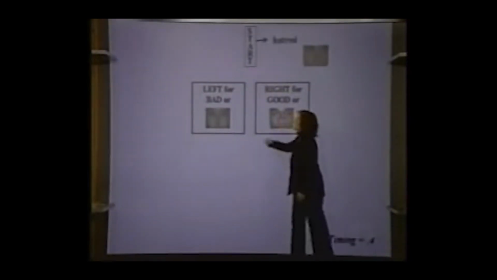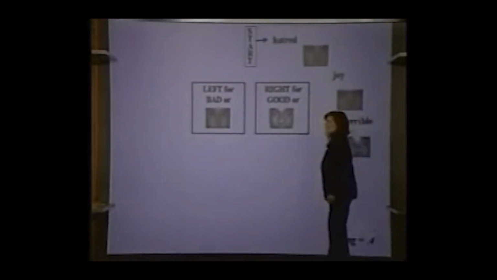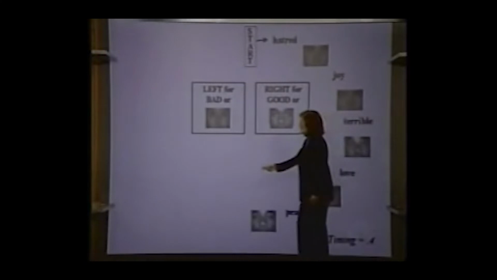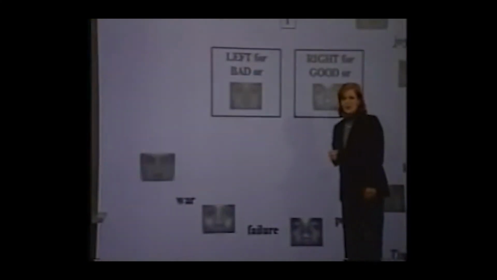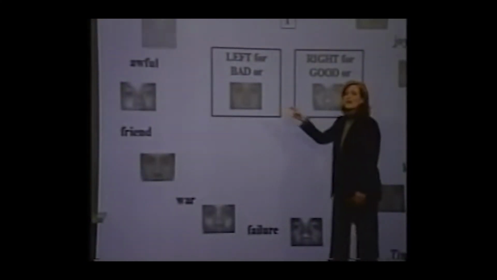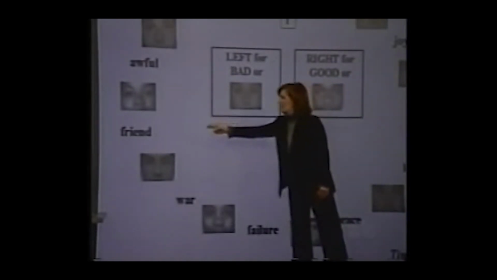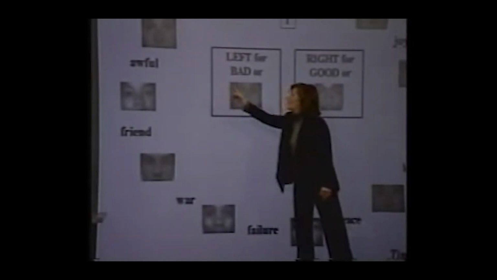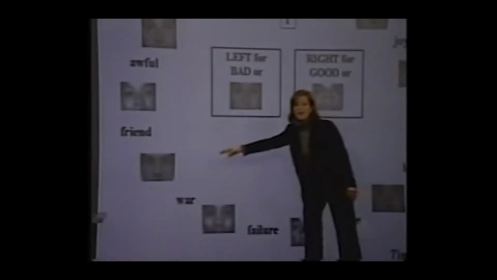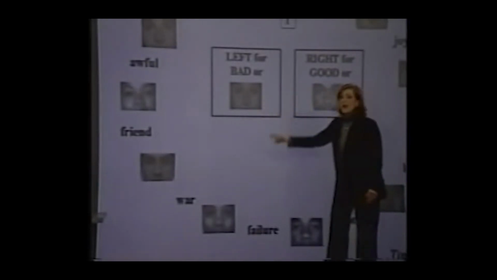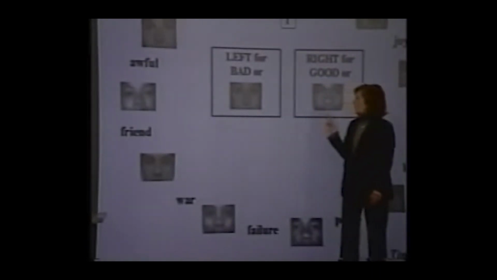Here's how it works. These words and faces appear rapidly, one after another, around the screen. The test taker is supposed to link each one to the left or right box here in the center, linking positive words like friend to good, negative words like awful to bad, white faces with white, black faces with black.